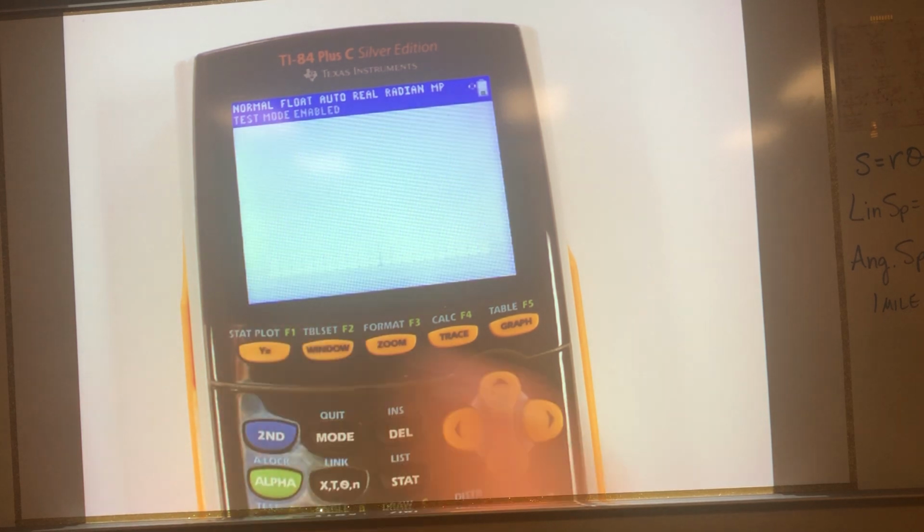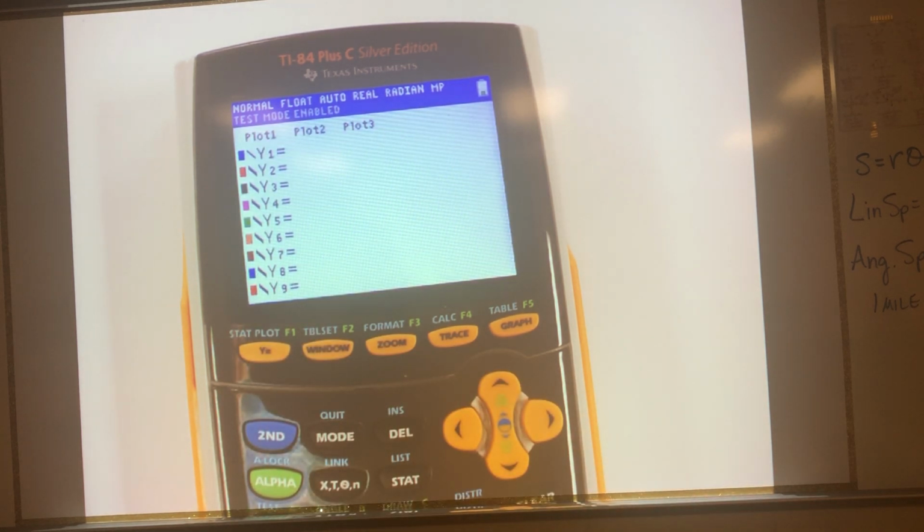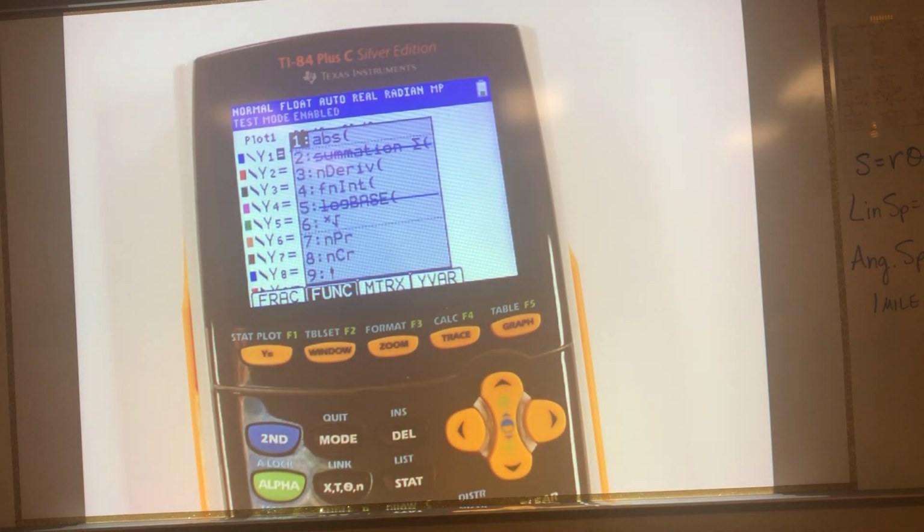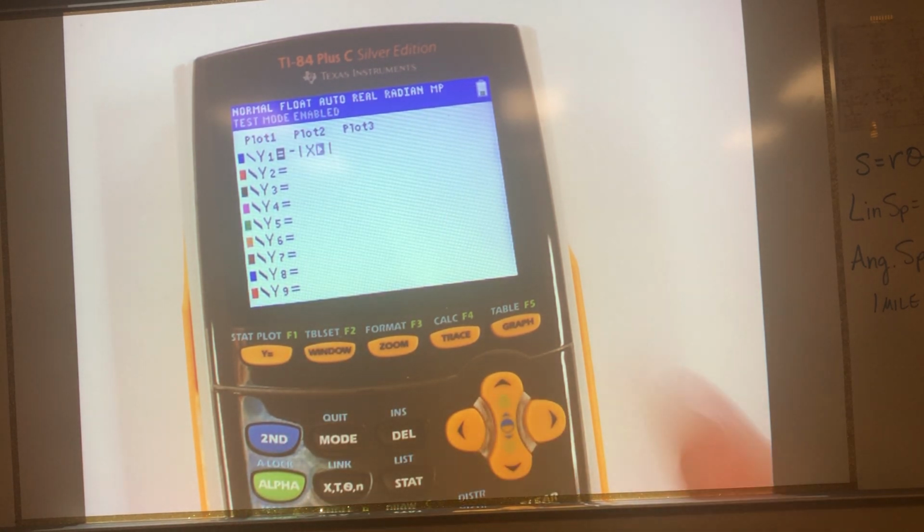All right, so let's do something else. How would I make that equation flip upside down? Put a negative outside the absolute value. Well, let's see. Negative absolute value of x.